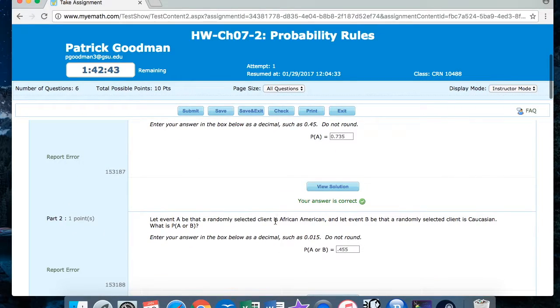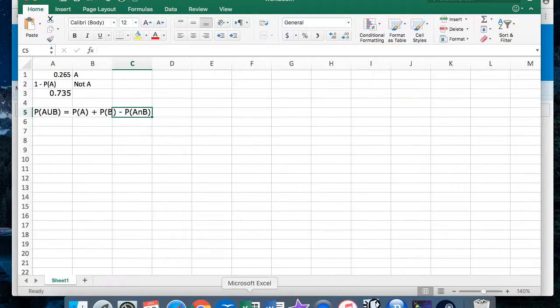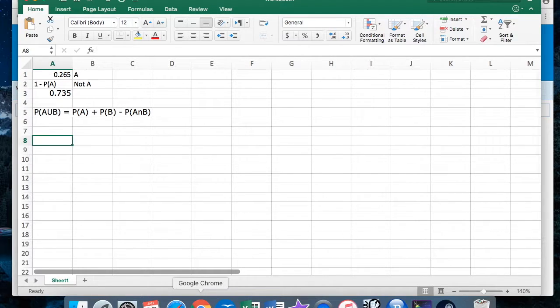If you have some African American in you, you're African American, and if you're Caucasian, then you're Caucasian. So here we're saying there is no intersection, right? So then this would just be simply this. Your probability of, let's say, African American and then Caucasian.